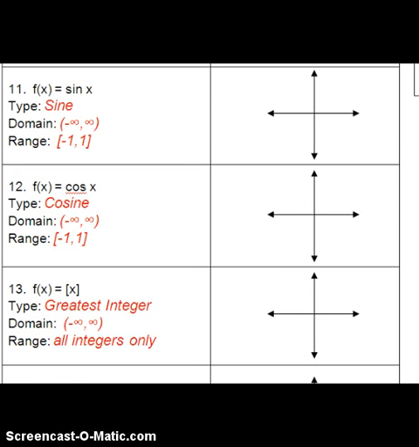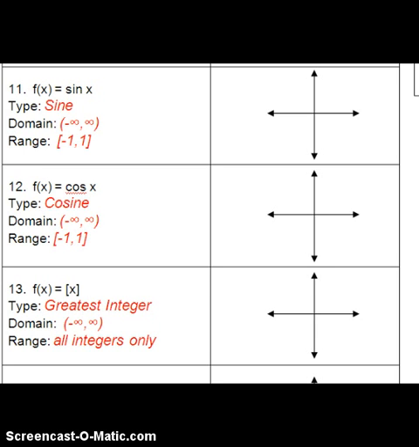All right, so the next function is f of x equals sine x. It is read as sine x, not sin. And this is one of the trigonometric graphs that you're going to come across when we start the unit on trigonometry. Its domain is from negative infinity to infinity, and its range is from negative 1 to 1.